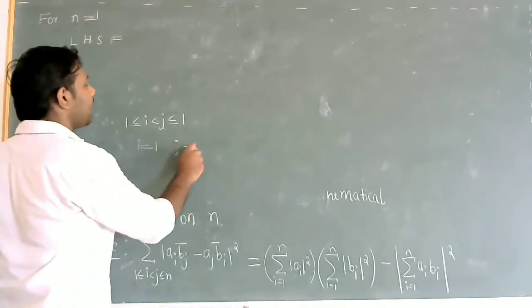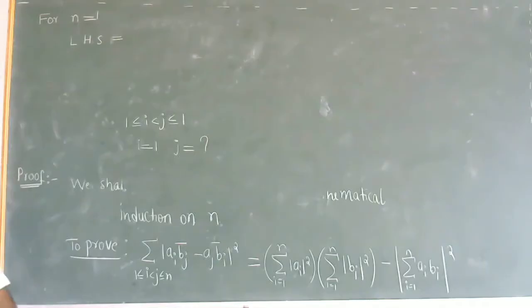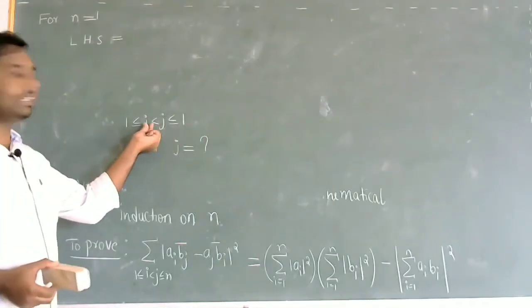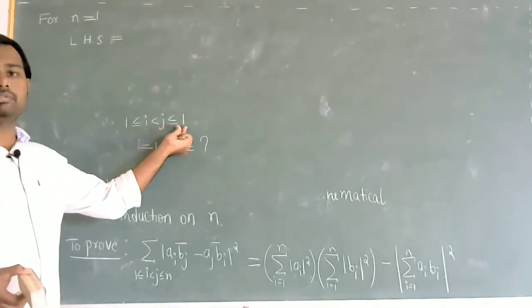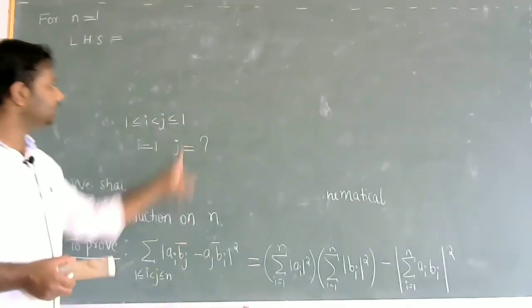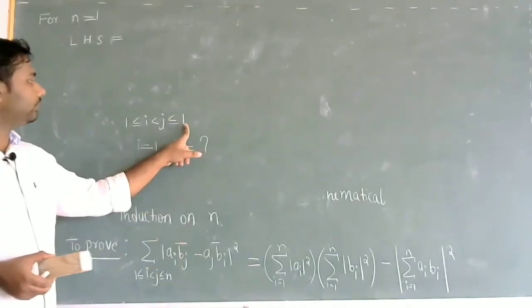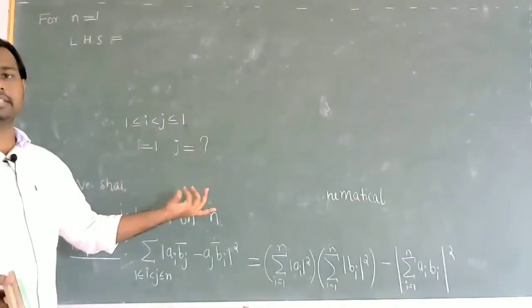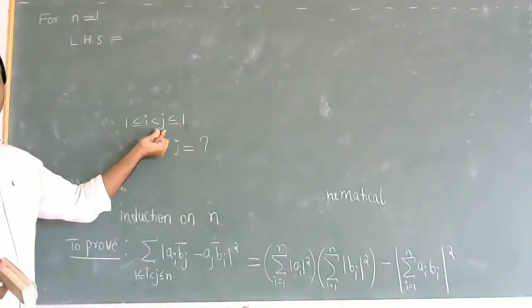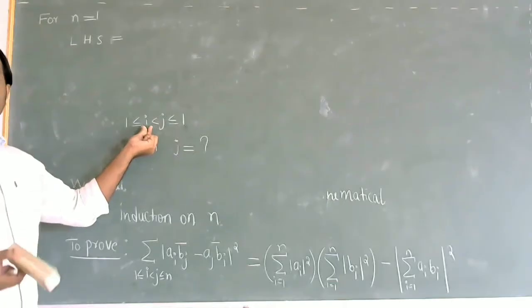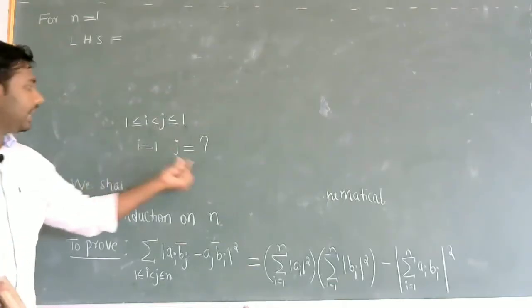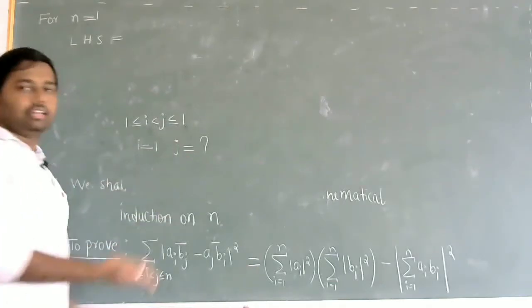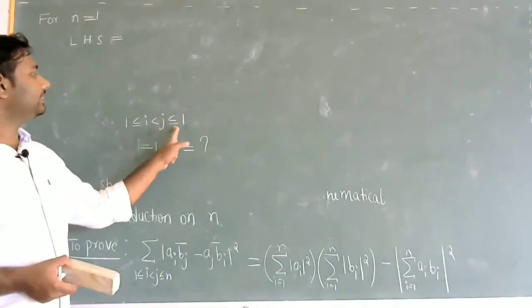But there are no j values. There are no j values greater than i and less than or equal to 1. As n is equal to 1, the maximum value is n, and j has to be strictly greater than i, and there are no values greater than i and less than or equal to 1.